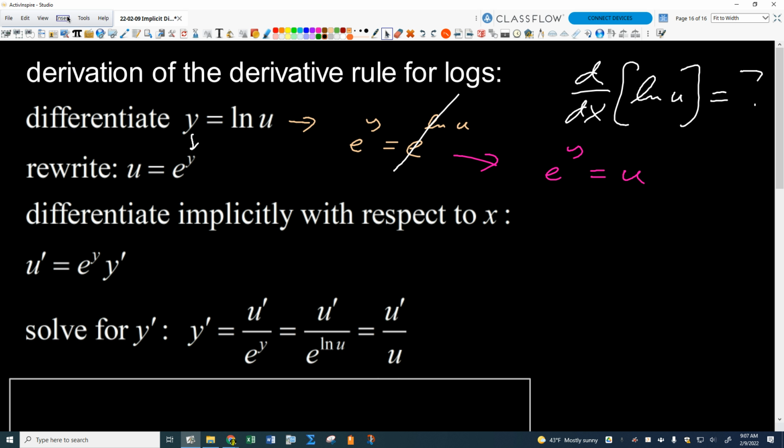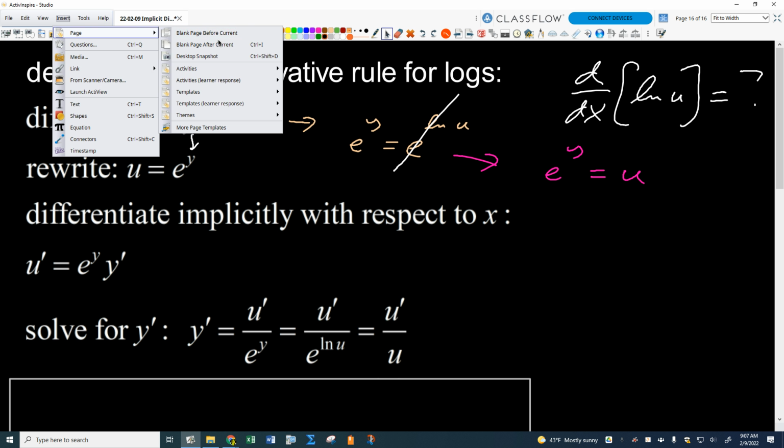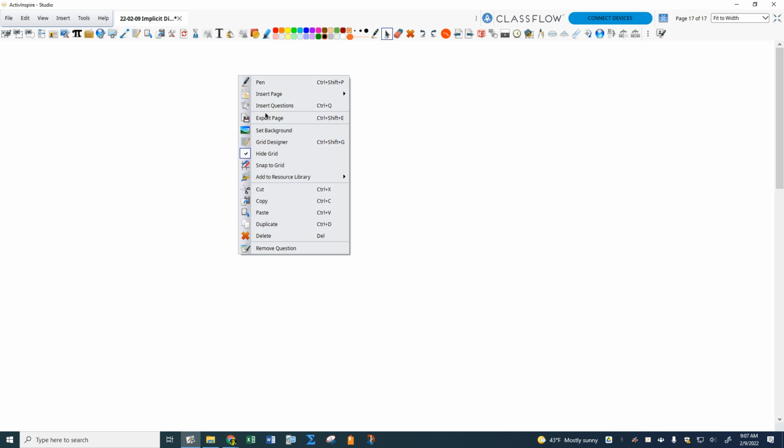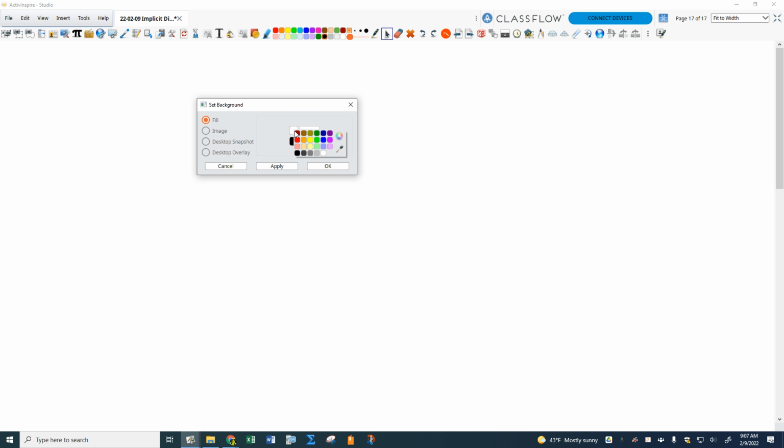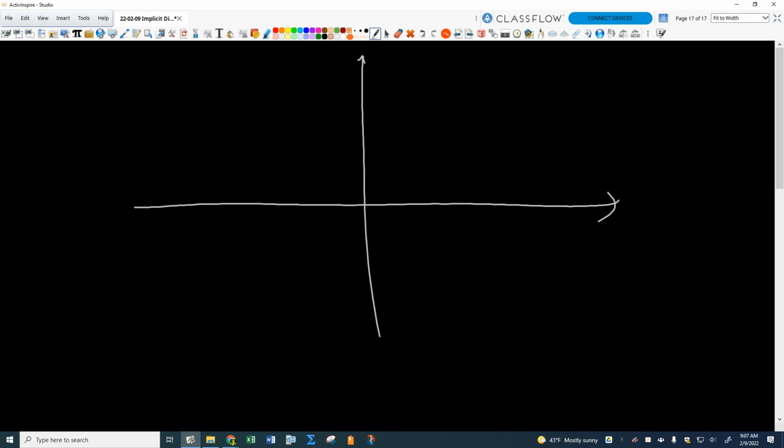Let me add a page to this here. What I mean by that, just from that little video, I'm going to quiz you here for a second. If I've got some function, it doesn't even have to be a function, it could be a relation, how do I graph its inverse?